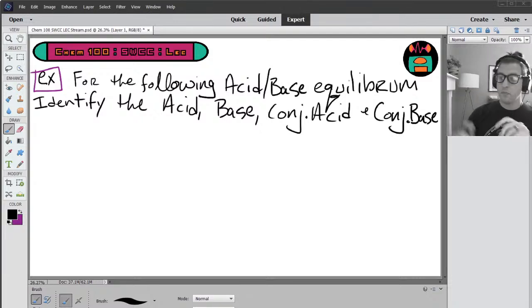All right, so the acid-base reaction is the following.